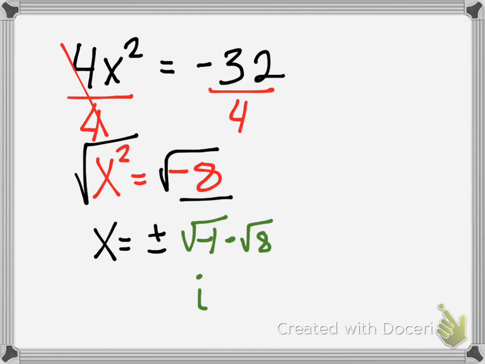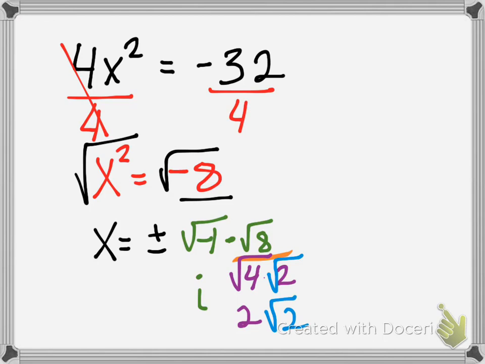If we look at 8, the square root of 8 right here, we hopefully can see pretty easily that 8 is 4 times 2. We know the square root of 4 is 2. However, I don't know the square root of 2, so I'll leave that alone. Now that I've simplified the 8, I have to put everything together.